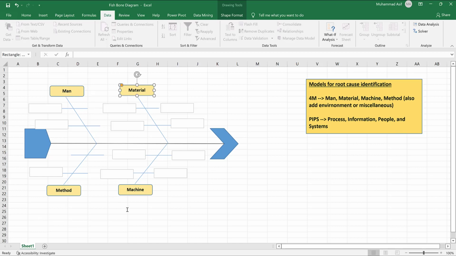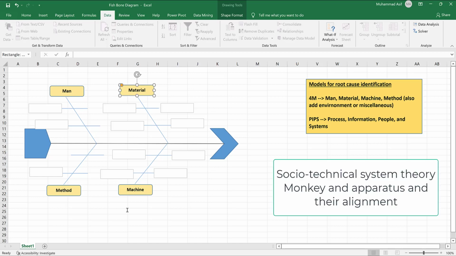And then system. In system category, it could be about organizational system, it could be about process, and it could be about the monkey, it could be about apparatus. So as you know, monkey and apparatus cannot be isolated from each other.